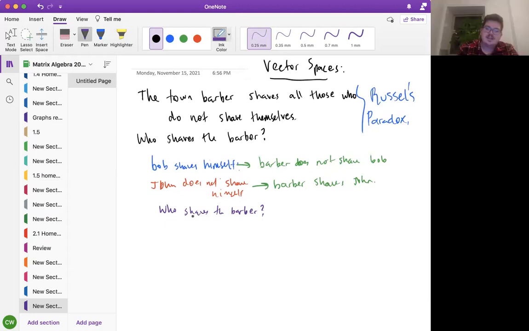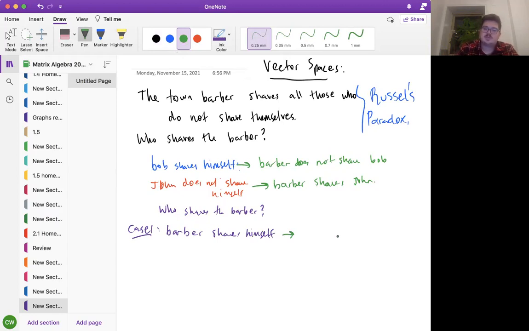Okay, so let's say he does shave himself. Case one: the barber shaves himself. What's the consequence, based on the definition?